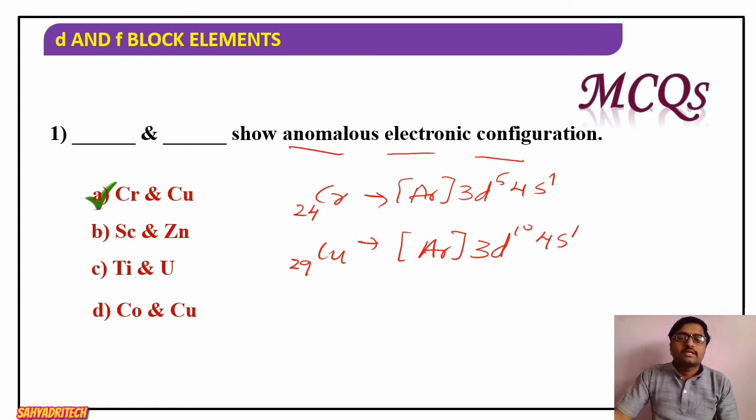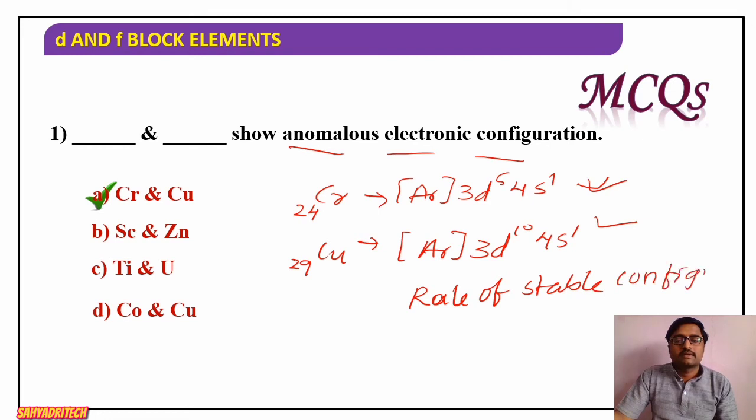So there is a violation of the rule in both cases. We are going to violate the rules here. Which rule is applicable in these cases? The applicable rule is the rule of stable configuration. While dealing with electronic configuration, I will discuss it in detail.